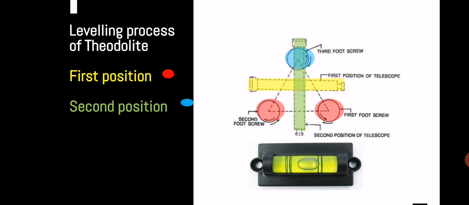It can move clockwise or anti-clockwise according to the requirement. Once both the positions were satisfied and checked with the bubble tube or the spirit level, we can conclude that our leveling process is done correctly.